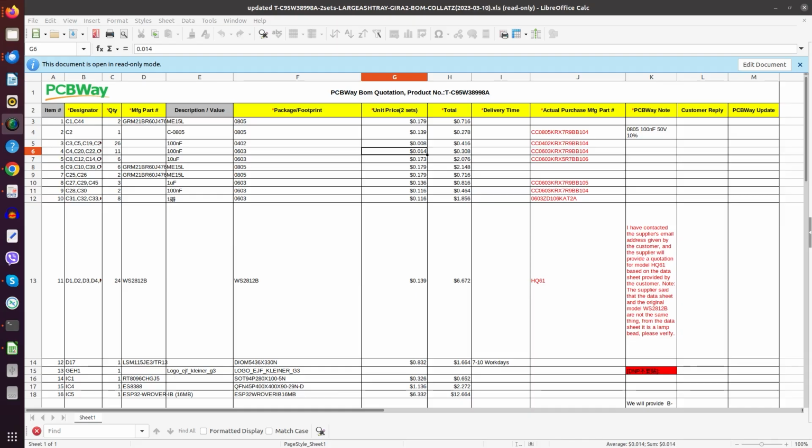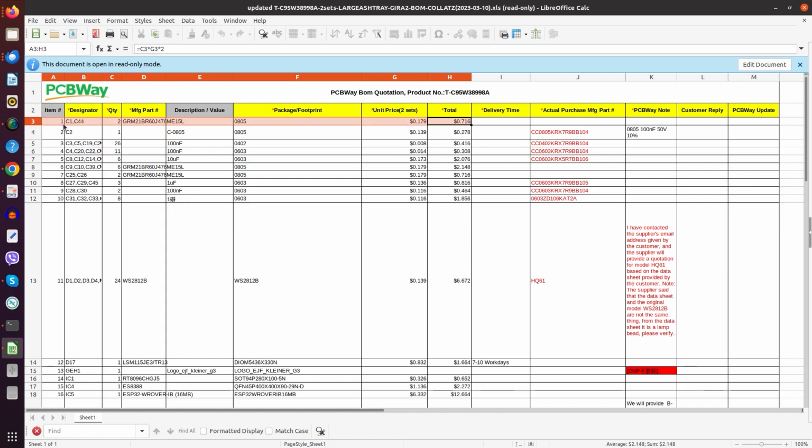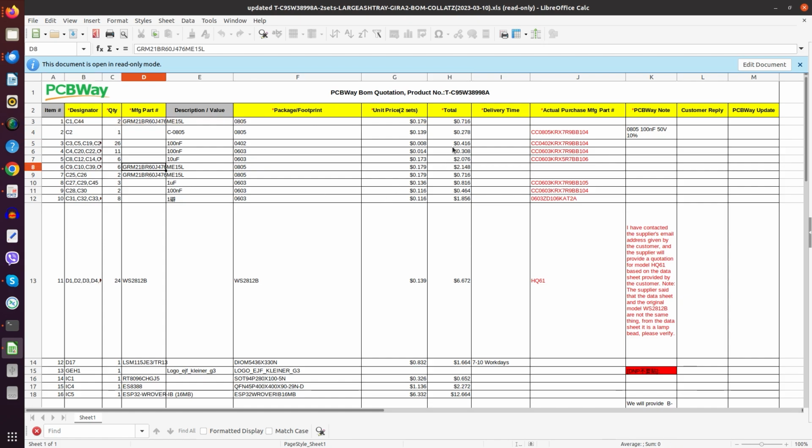And now, of course, the question is, what can we do about this situation? The answer to that is pretty simple, at least for most vendors, such as PCBWay here. You see that they give you a so-called costed BOM, which is a BOM where for every individual line the cost of the components is shown.